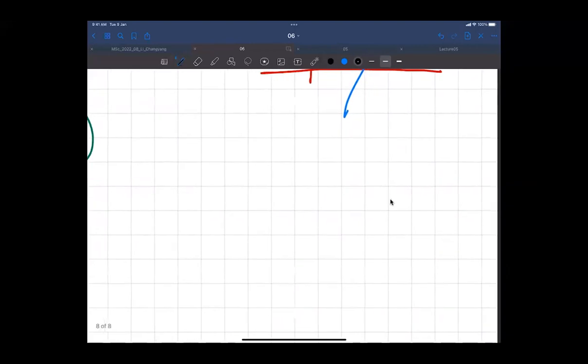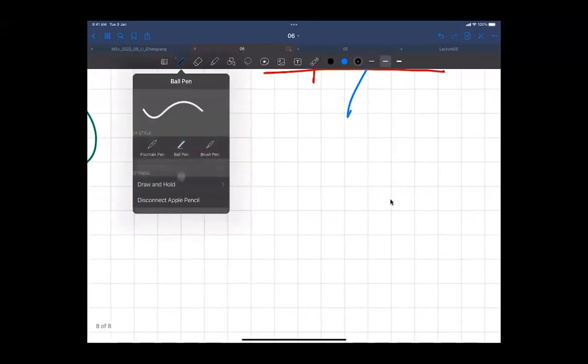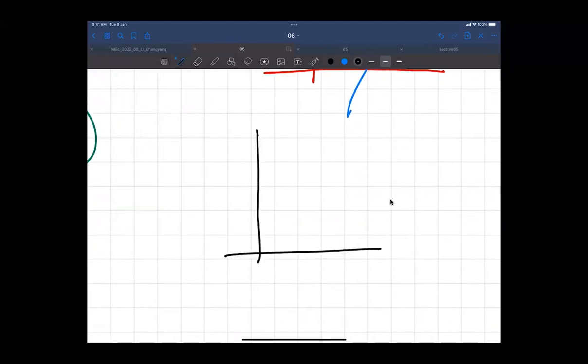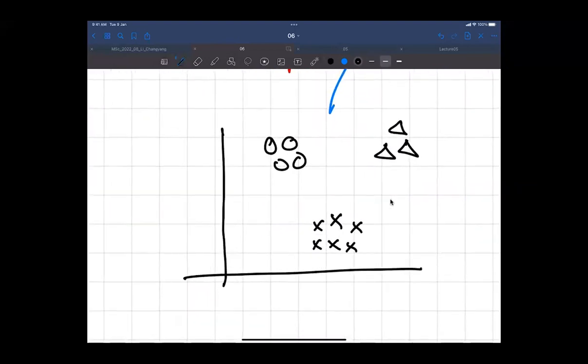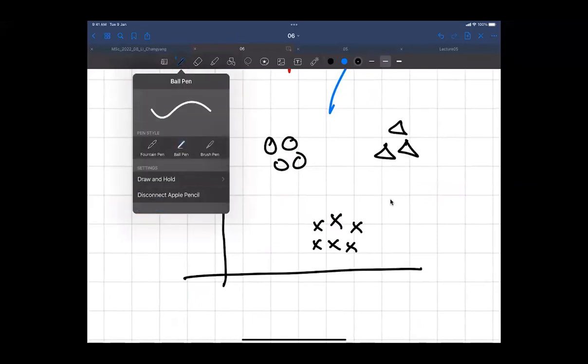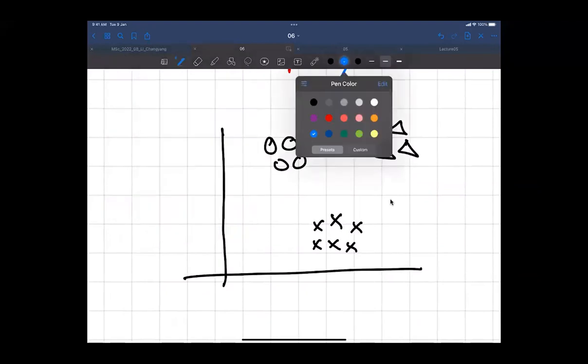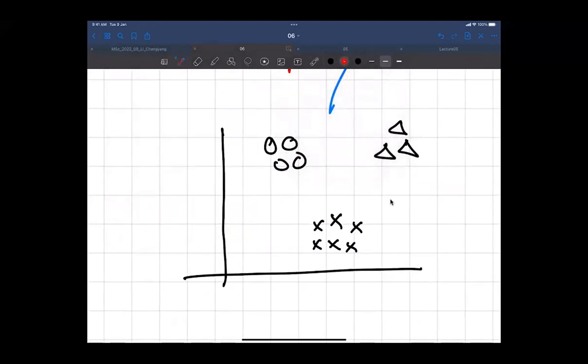If it is a multi-class problem, what happens is that you have a circle class, you have a triangle class, you have a cross class. Okay. So the basic idea, this multiple class is actually an open problem. Open problem means that the simple or the most common way to solve this problem is one against all.